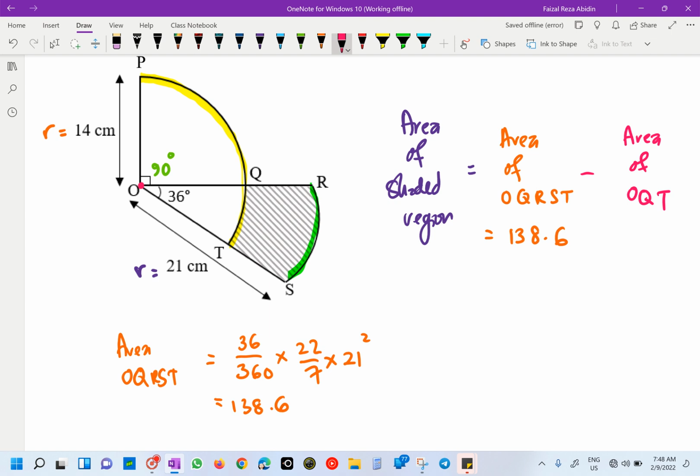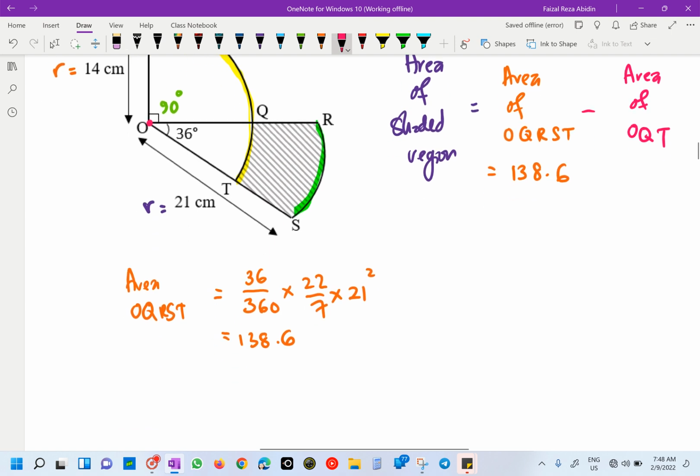Okay, to find the area of OQT here, area OQT means that you are going to have, that is still using the same angle, isn't it? Yes. 36 over 360 times pi 22 over 7. Okay, the radius here will be 14.